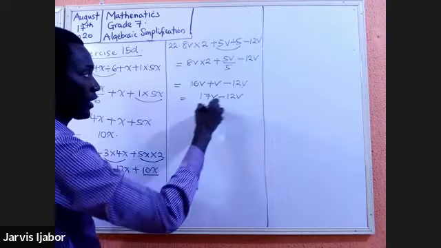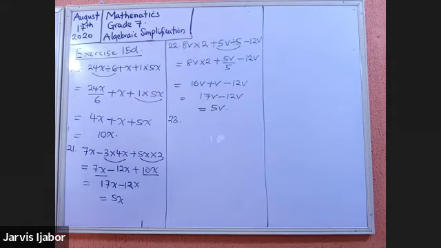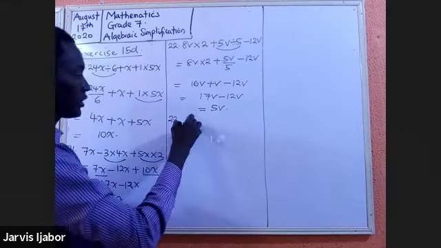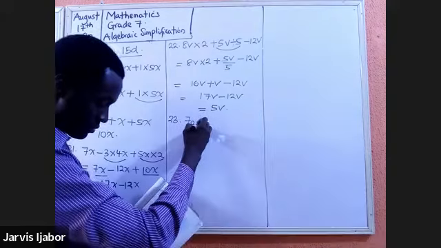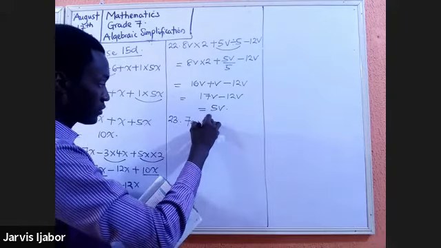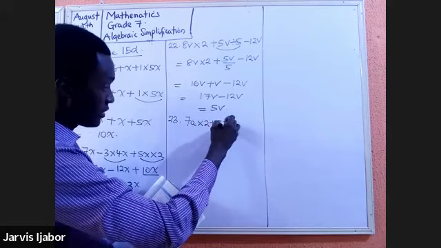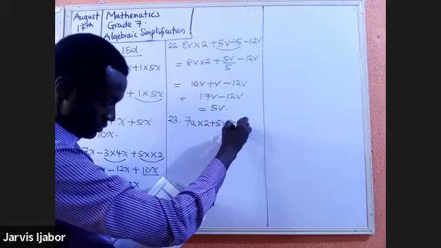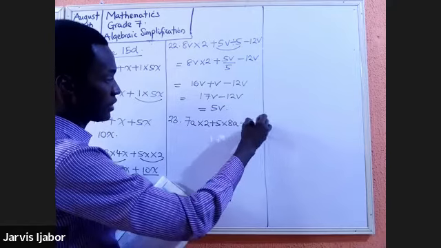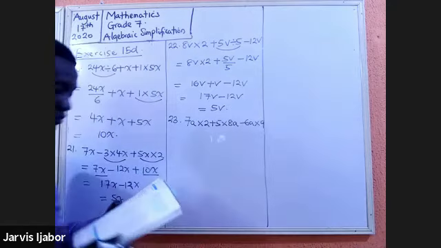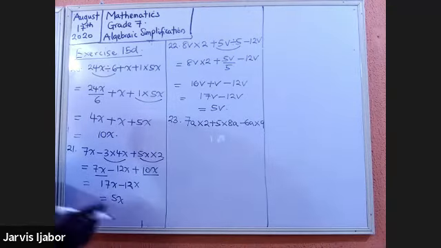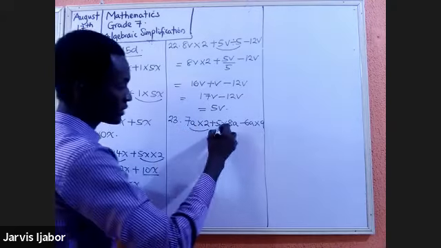So 23. You have 7a times 2 plus 5 times 8a minus 6a times 9. So how do you do this? You deal with the multiplications first. Look at it.